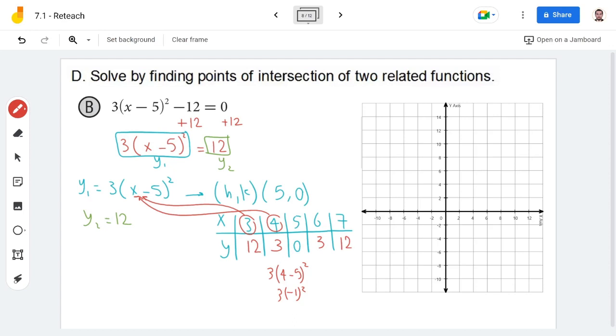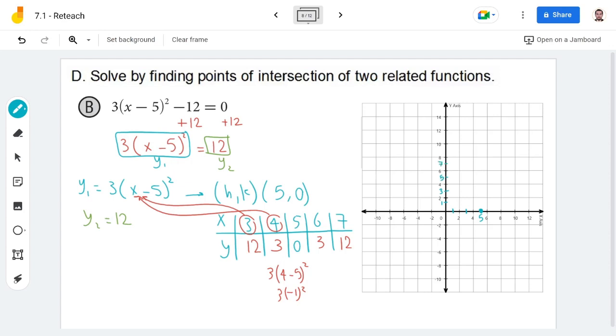Now let's plot the points in the blue color. 5 and 0. So this is 1, this is 3, this is 5.